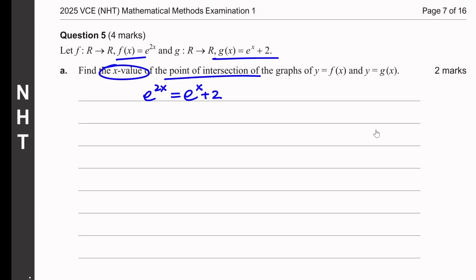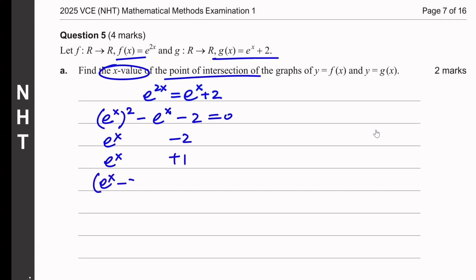And this is definitely a hidden quadratic. So we write e to the power 2x as (e^x)^2 minus e^x minus 2 equal to 0. (e^x minus 2)(e^x plus 1) equals 0.